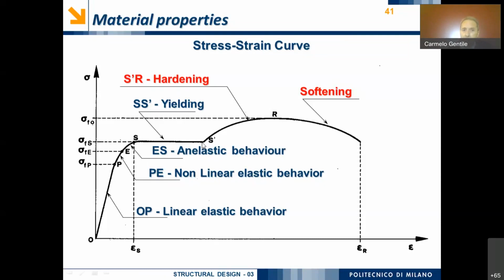So when I am in S prime, for example, and I unload my sample, I will obtain a decrease of stress and strain along a straight line which is parallel to OP.